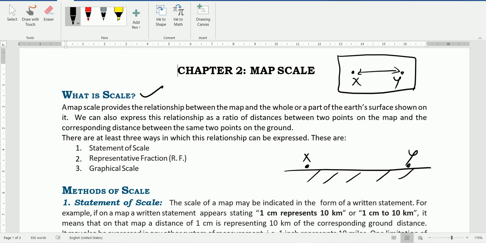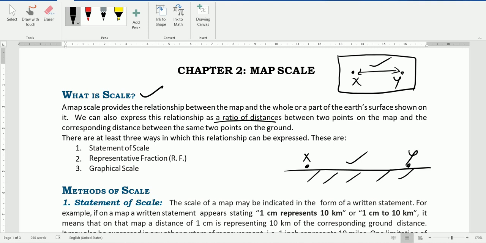So the relationship between these features on the map and on the ground is known as the map scale. We can also express this relationship as a ratio of distances between 2 points on the map and the corresponding distance between the same 2 points on the ground.